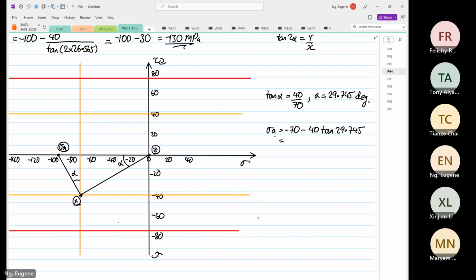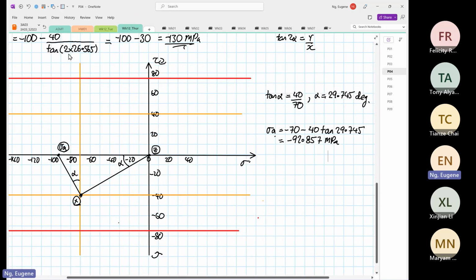So 40 times by tangent 29.745 is equal to 92.857. 8.7 megapascal. Okay, so if we were to go back into graph mode, it did not reach 100, it's about 92.